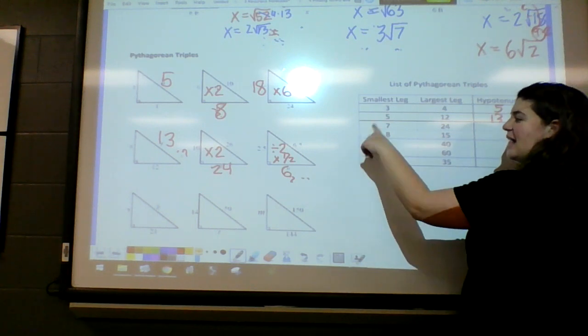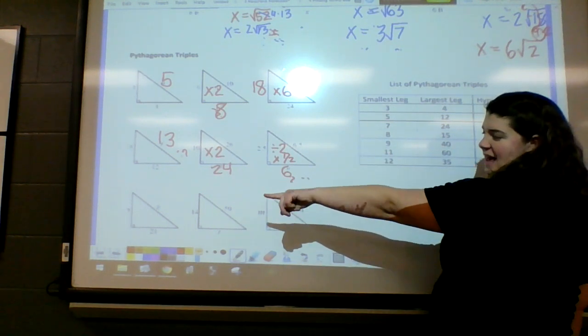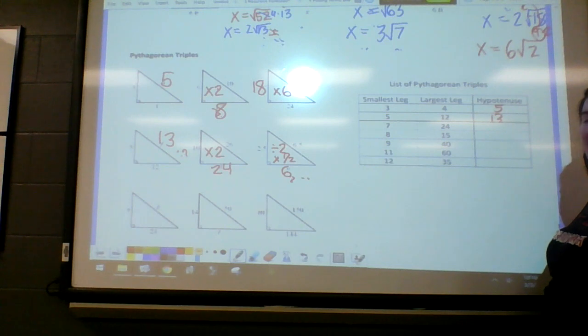All right, and then the next Pythagorean triple is a 7, 24, and then see if you can figure out, do you know what it is? No?